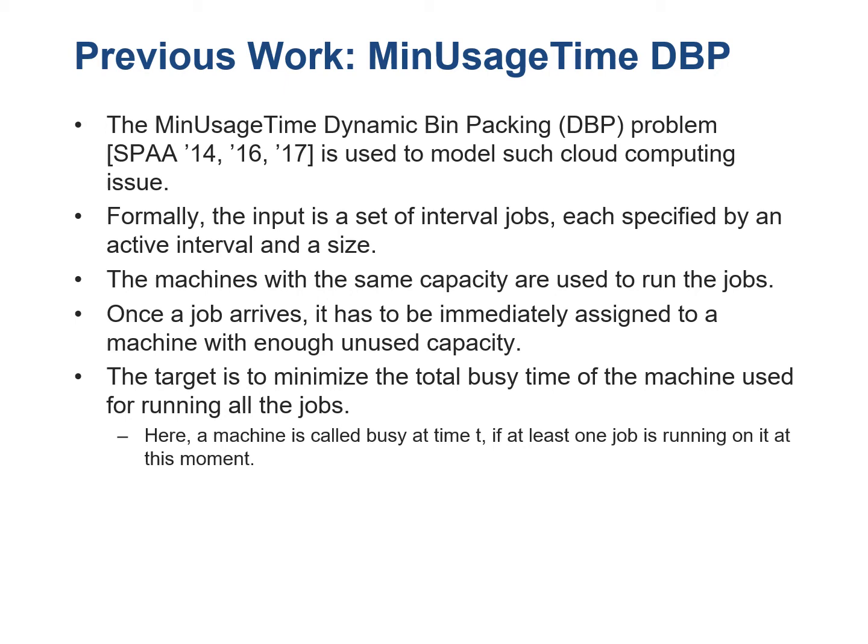The restriction is that at any time, the jobs placed onto the same machine cannot exceed the machine's capacity, which is 1. The target is to minimize the total busy time of the machines used for running all the jobs. Such a problem, min usage time DBP, has been considered under the online and the offline situations, and for each situation, a near optimal algorithm has been proposed.